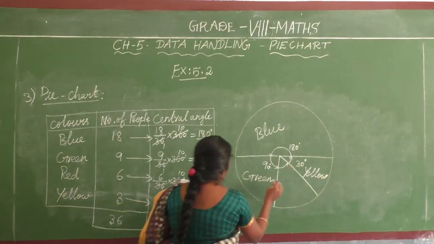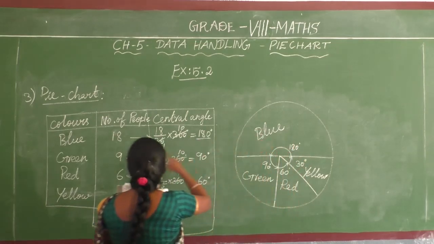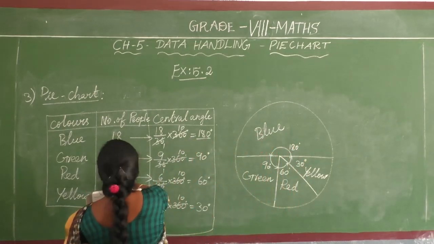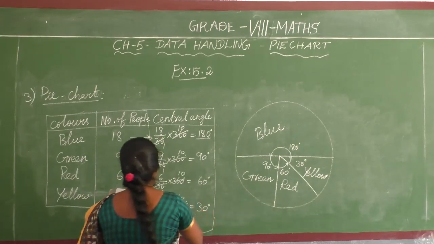Red color occupied by 60 degree. See, blue 180, green 90, red 60 degree, yellow 30 degree.